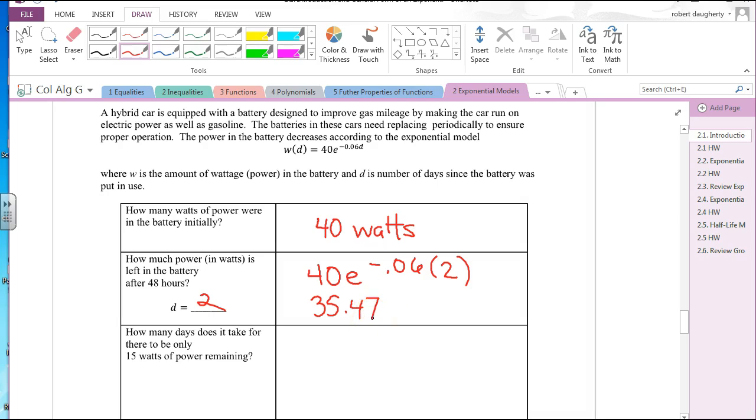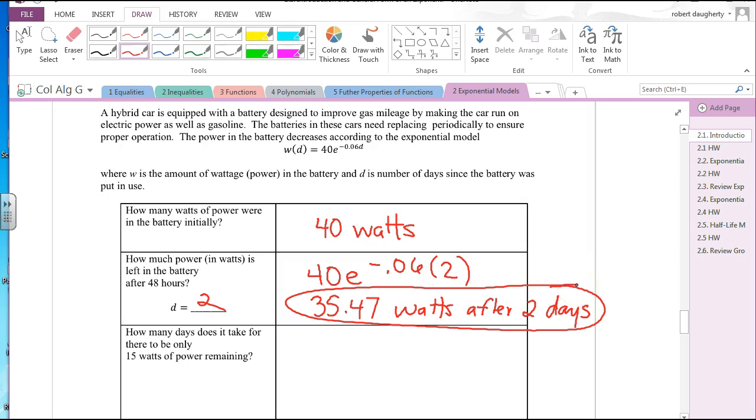That number means what? It's the wattage. So it's 35.47 watts after 2 days. So that's the power in this battery after 2 days. And we expect it to go down because this is decaying. The power in that battery is decaying over time.